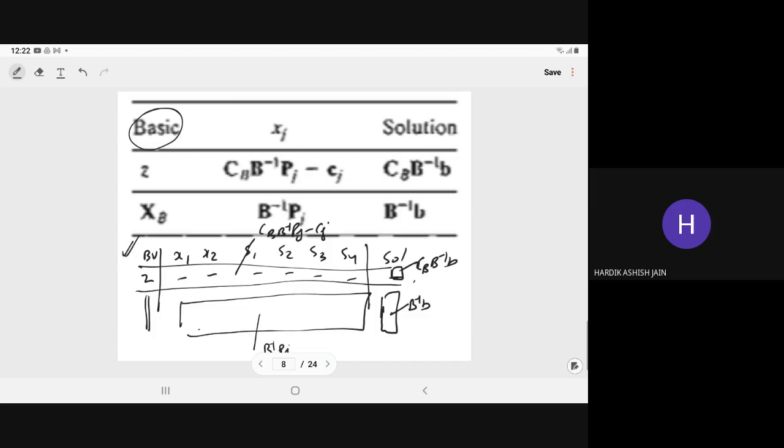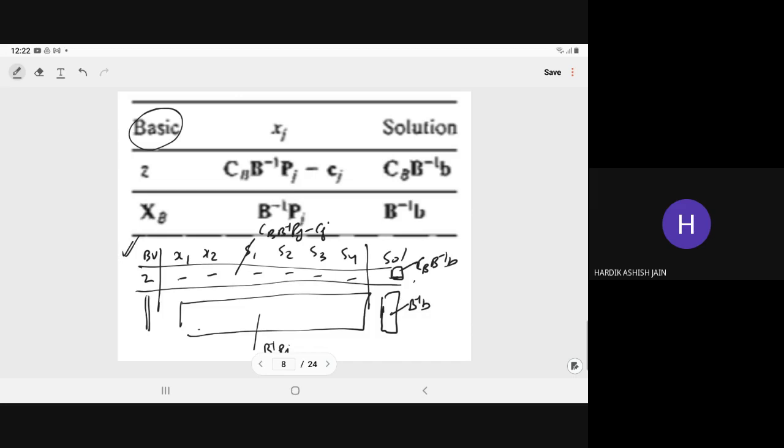See, in the algorithm, what have you done? You have solved the algorithm iteratively. Iteratively means whatever the value you have in the first table, that you will use for the second table. Whatever the value you have in the second table, that you will use for the third table, and whatever the value you have in the jth table, that value you will use for the j plus 1th table.